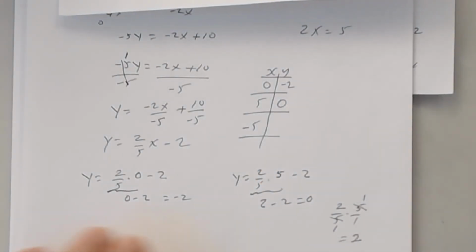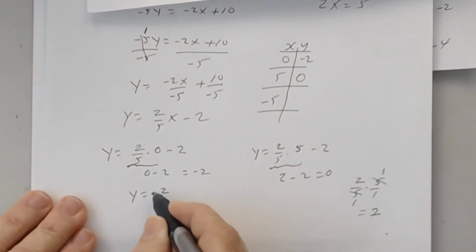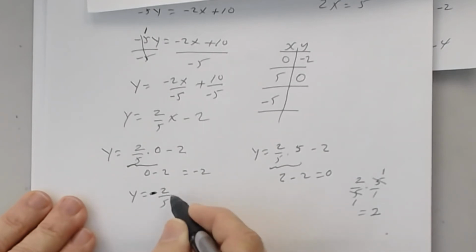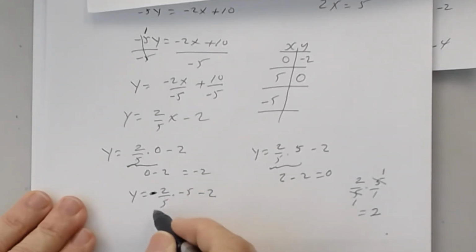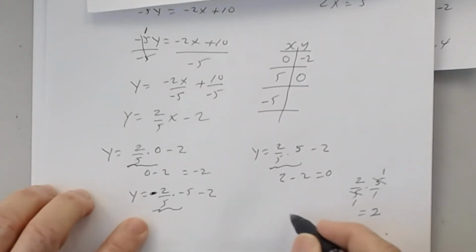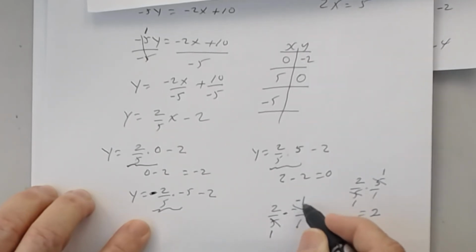Let's do negative 5. Y equals 2/5 times negative 5 minus 2. Go off to the side and figure out what this is. 2/5 times negative 5 over 1. 5 and 5 is 1, so 5 and negative 5 is negative 1.